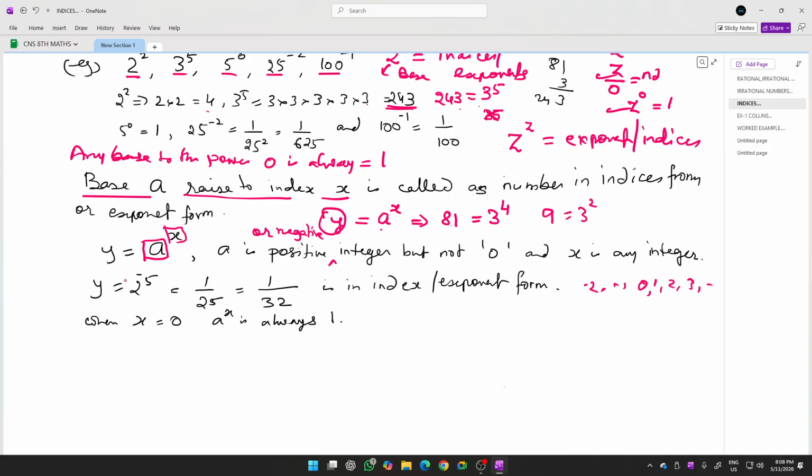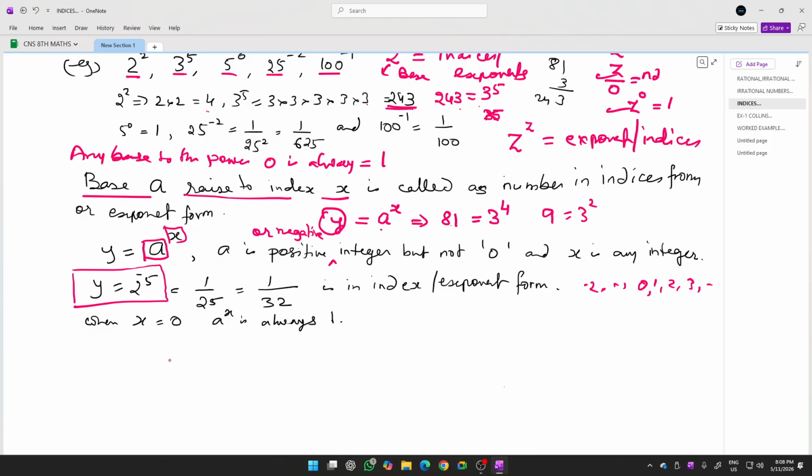Now y is equal to 2 raised to -5. So this is a number in the indices form, 2 raised to -5. Now 2 raised to -5 can be written as 1 upon 2 raised to 5, and this can again be written as 1 upon 32, because 2 raised to 5 is 32. So 2 raised to -5 has the value 1 upon 32.